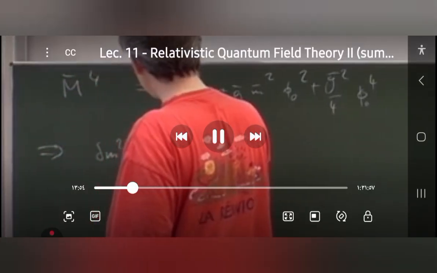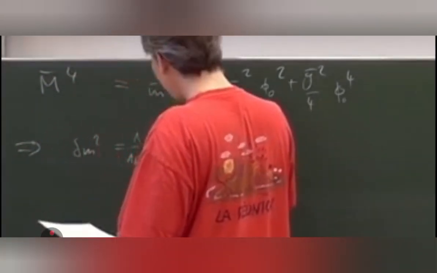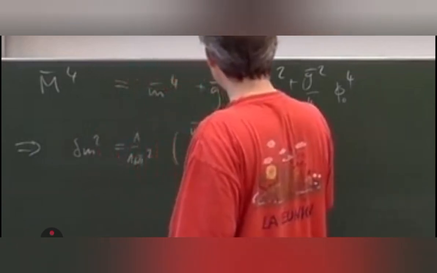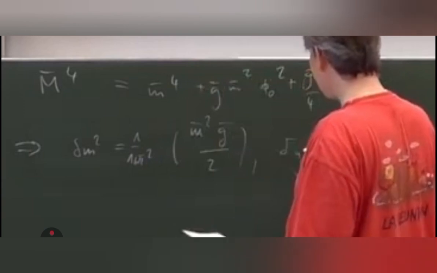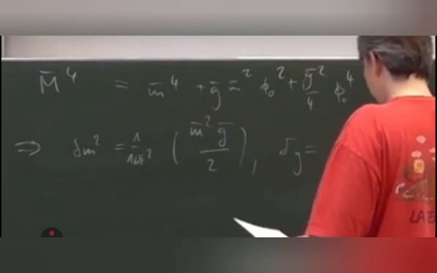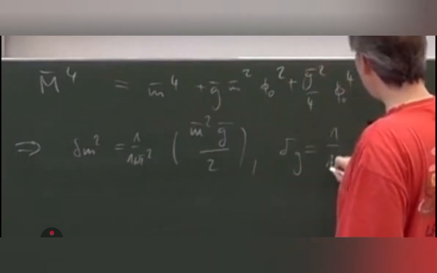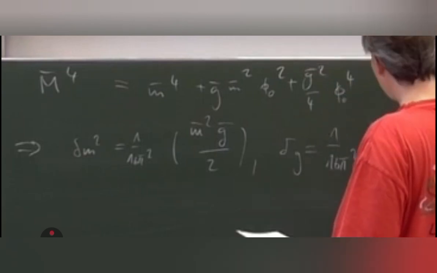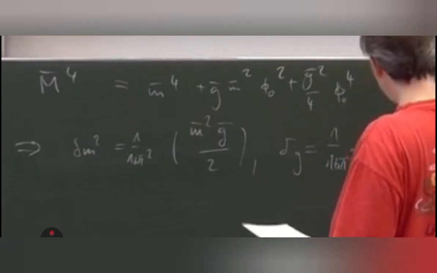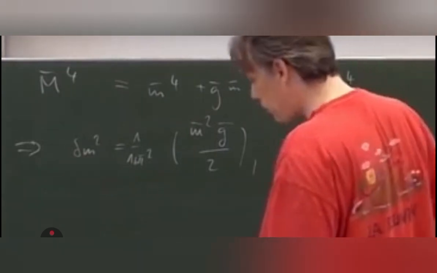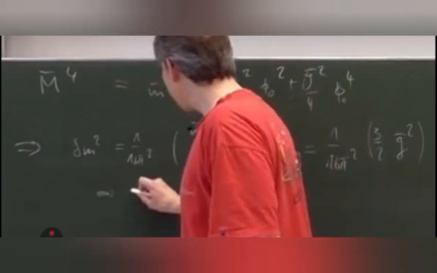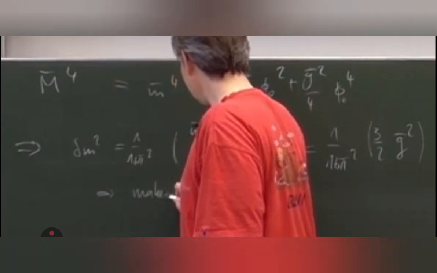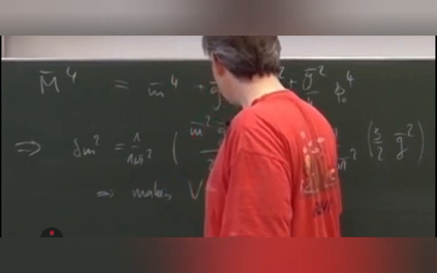And we get delta m square is equal to 1 over 16 pi square times m bar square times g bar divided by 2, and delta g is equal to 1 over 16 pi square times 3 over 2 times g bar square. And this makes the theory finite. First of all, the potential.